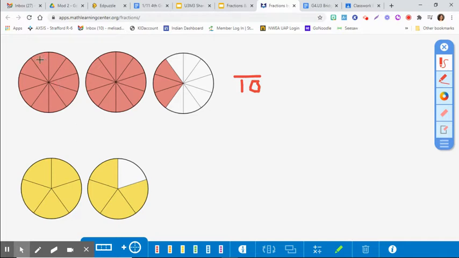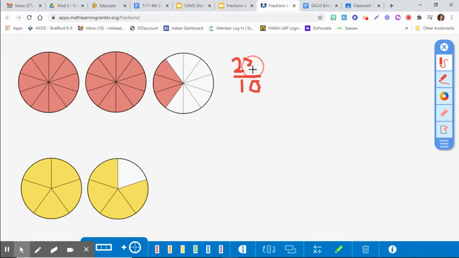It takes 10 tenths. So we know that this one has all 10. This one has all 10 as well. So we've got 20 tenths so far. Go on to this one, 21, 22, 23. So our first possible name is 23 tenths.